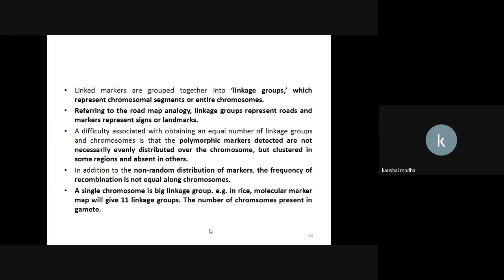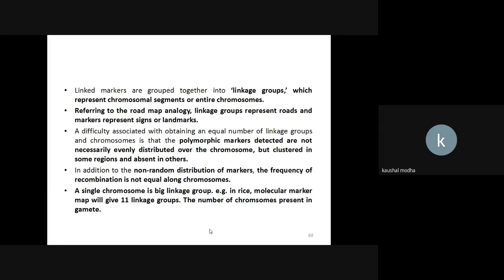But generally this distribution is not random, it is non-random, which means it is biased. Sometimes the polymorphic loci you have identified might be limited to one chromosome or a few chromosomes only, and that will create a problem.